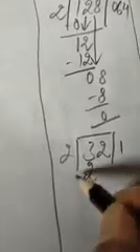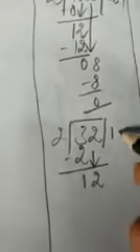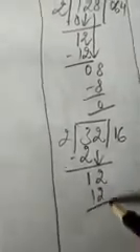Yes, 32 can also be divided by 2. When we divide 32 by 2, what will we get? 2 ones are 2, next digit is 12, 2 sixes are 12. So we got 16 as the quotient. So 32 divided by 2, we got 16.